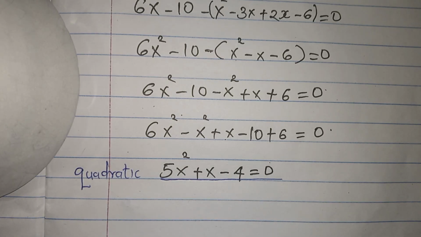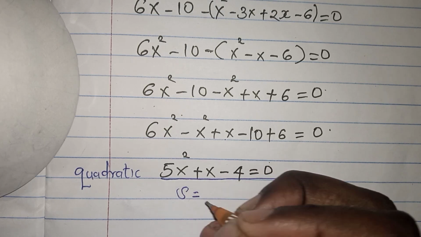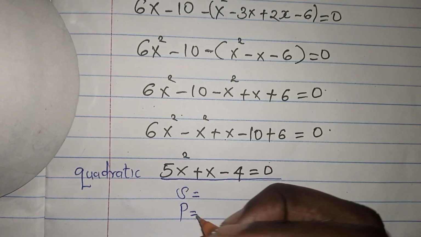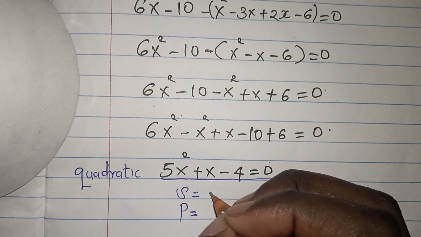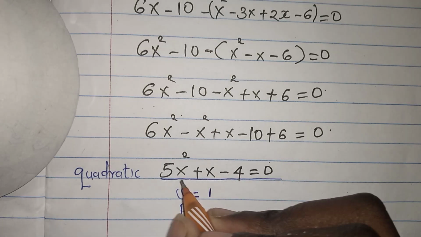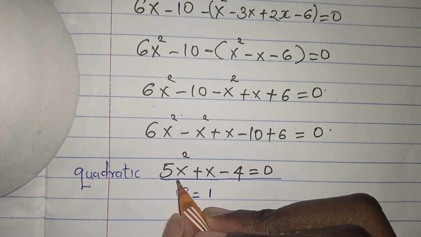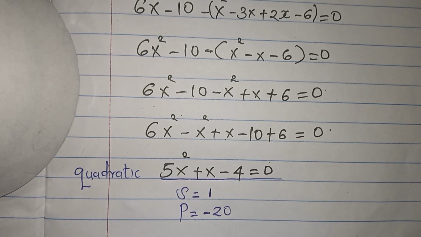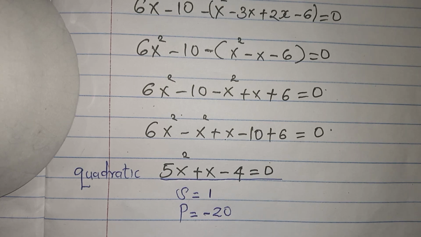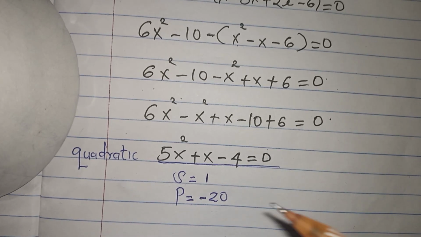I like using the sum and the product method, whereby my sum is 1 and my product here, 5 times 4, a times c, gives me negative 20. So I look for two numbers. When I multiply them both, I'm getting negative 20.